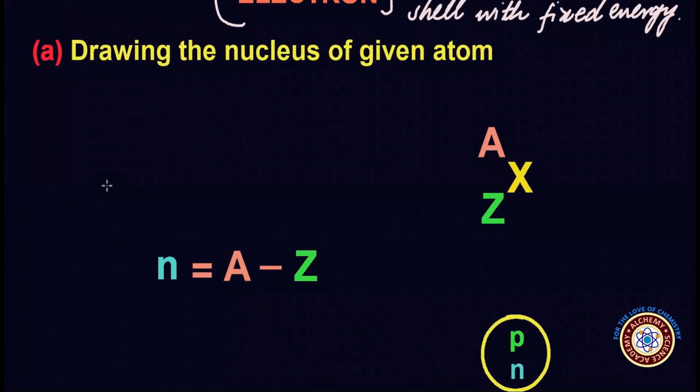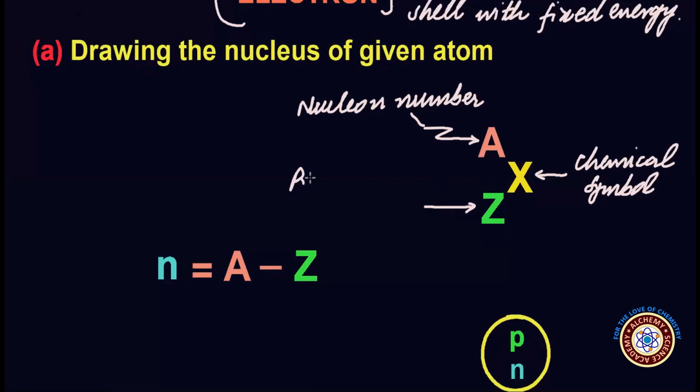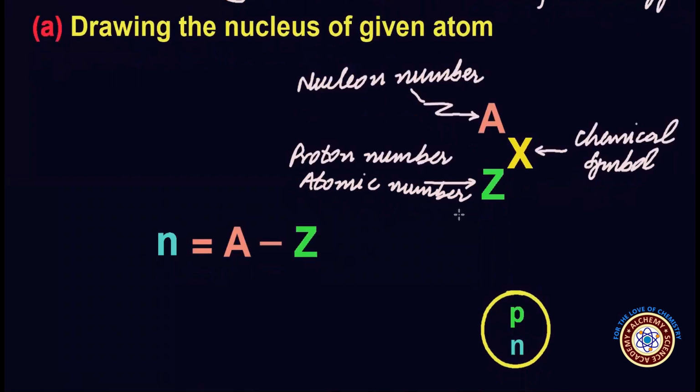And this atomic number can either be had from the atomic symbol of that element or atom, or from the data booklet. For a general atom, this is the atomic symbol of the given atom, where X is the chemical symbol of the element, A is the nucleon number, sometimes also called mass number, and Z is the proton number or atomic number.